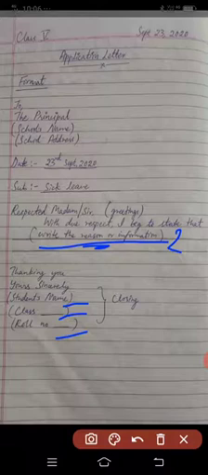First, what do you have to write? You have to write to the principal, and then the name of the school, address, and then today's date, then the subject, sick leave, and then you have to greet the principal or headmaster or class teacher, whatever it is, respected madam or respected sir.